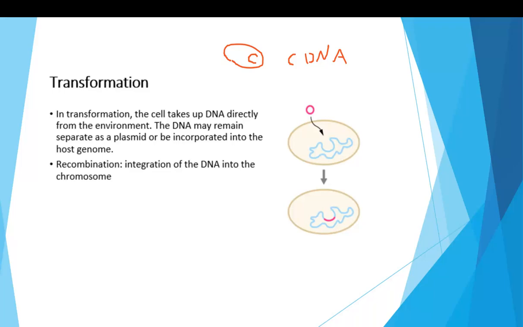Then imagine this DNA carried antibiotic resistance genes, or toxin production genes, so that it can give new characteristics to the bacteria. We call this transformation.